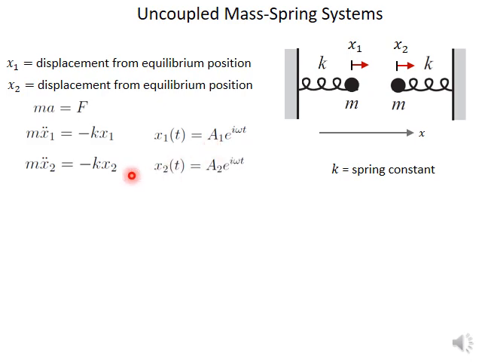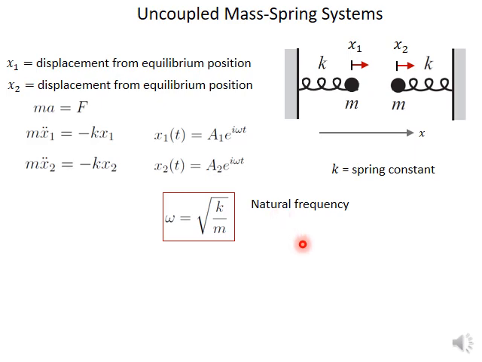And a similar solution can be written for the second mass, again an oscillatory equation in time. What is omega? Omega is the natural oscillation frequency of the system, and it's given by the square root of the ratio of the spring constant and the mass. So this would determine the natural frequency of the system.